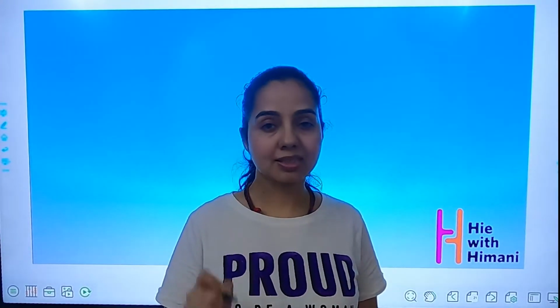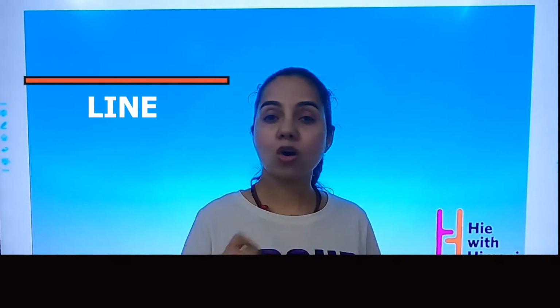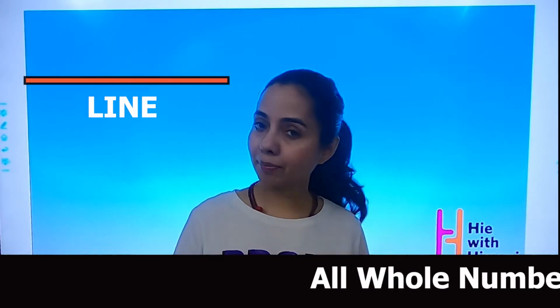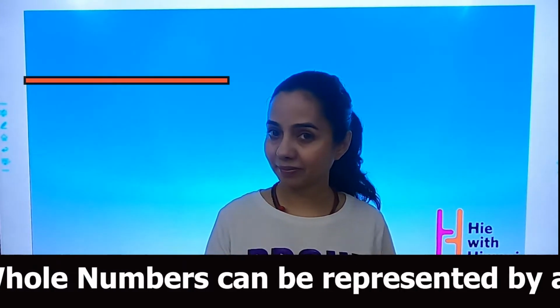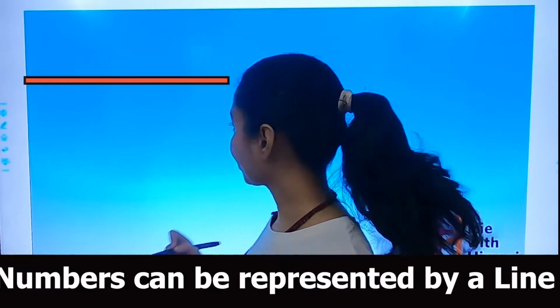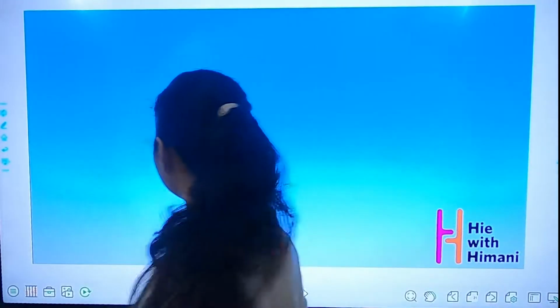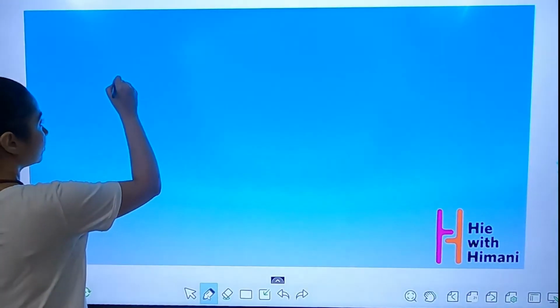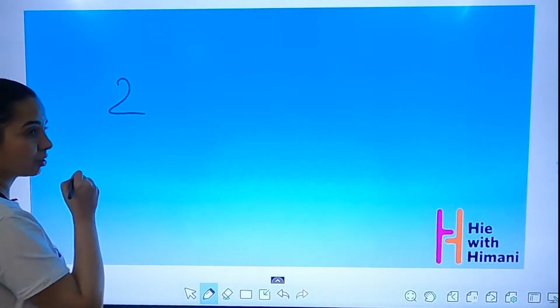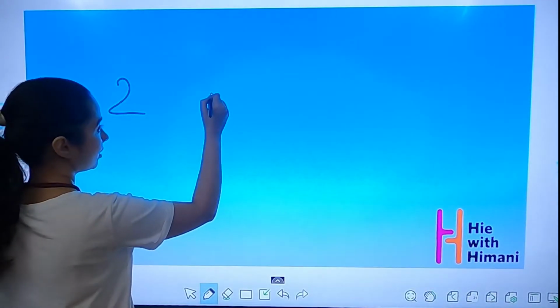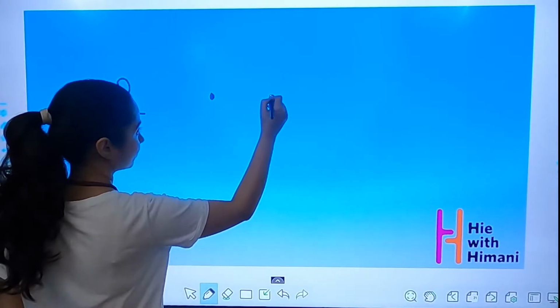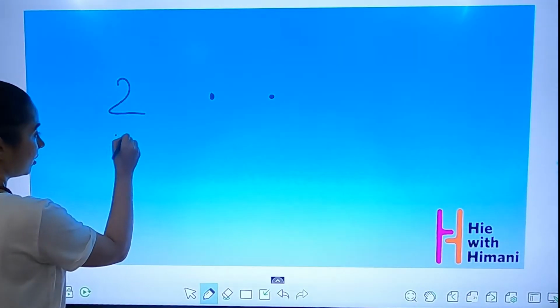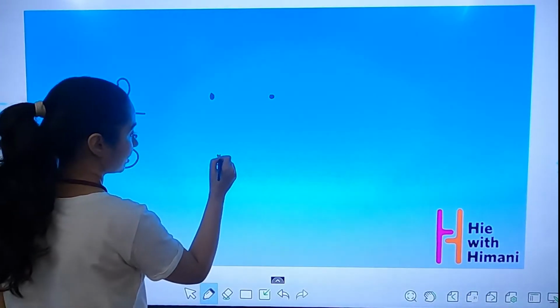The first one is the line. All whole numbers could be represented by a line. What does it mean? Like, for example, number 2 could be represented like this, like a line. Number 3, like this.